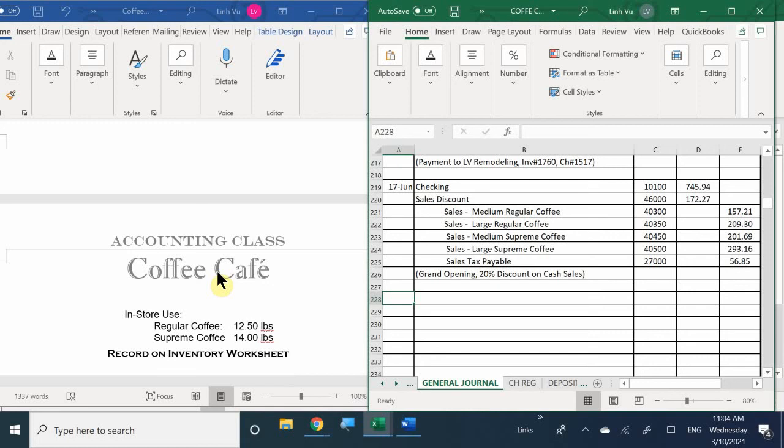Now, if this is going to be how I update my inventory, I'm updating it based on the pounds that I used, right? How do I journalize this? If you need a hint, go check out chapter 7.